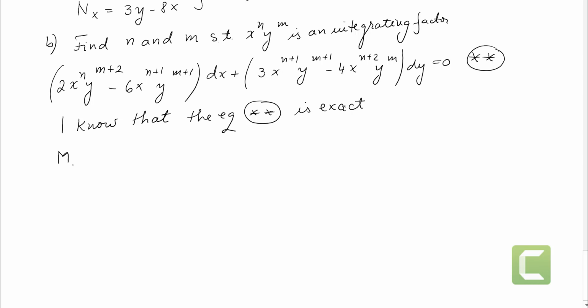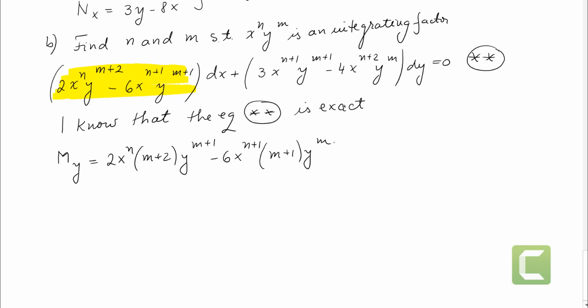So my M, now, it's a new M, is this one. So we're going to differentiate with respect to y. You can pause the video and try it yourself. So it's 2 x to the n, (m plus 2), y to the m plus 1, minus 6 x to the n plus 1 times (m plus 1), y to the m.